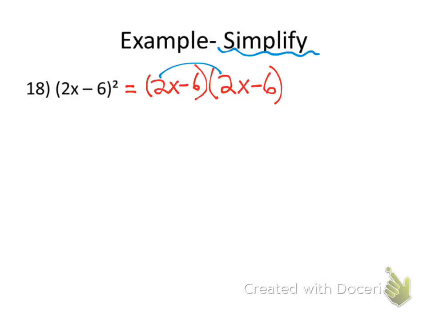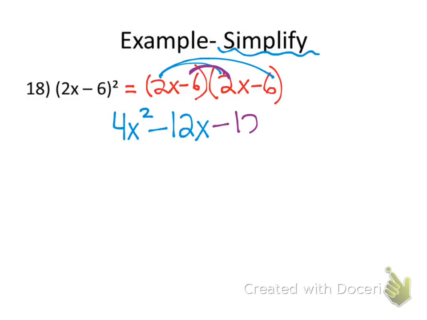So what's 2x times 2x? 4x squared, good. What is 2x times negative 6? We're multiplying, so negative 12x. Same thing here. Now we're distributing the negative 6. What's negative 6 times 2x?